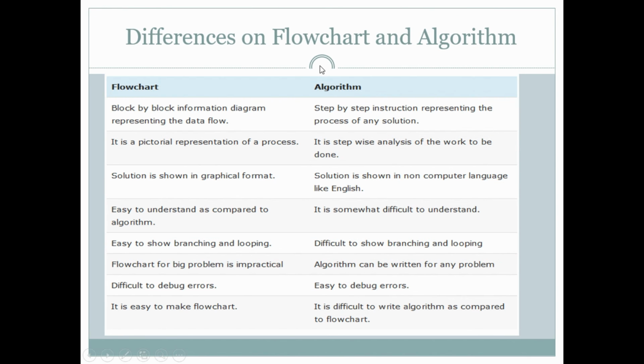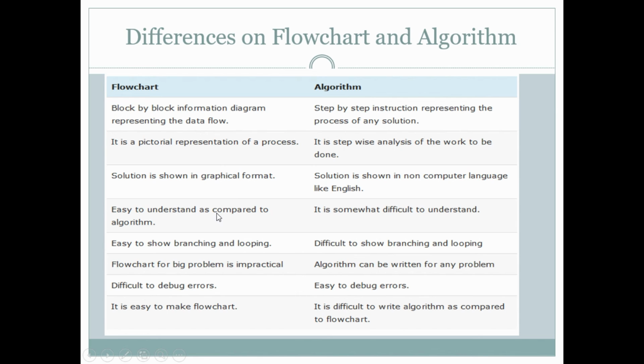Here are the differences between flowchart and algorithm. A flowchart is block by block information, whereas an algorithm is step by step instruction for representing any process of any solution. A flowchart is a pictorial representation, whereas an algorithm is a step-by-step analysis of the work.